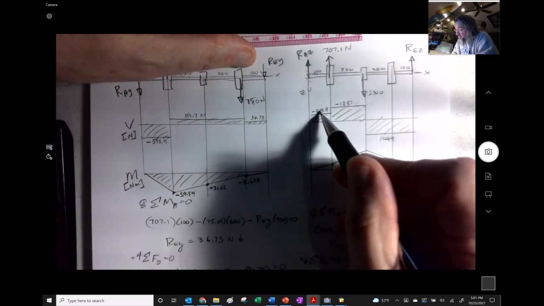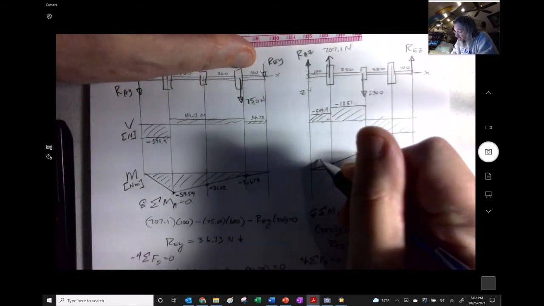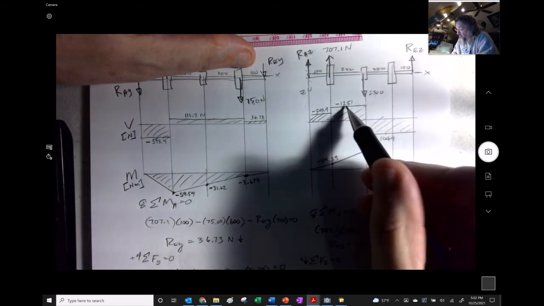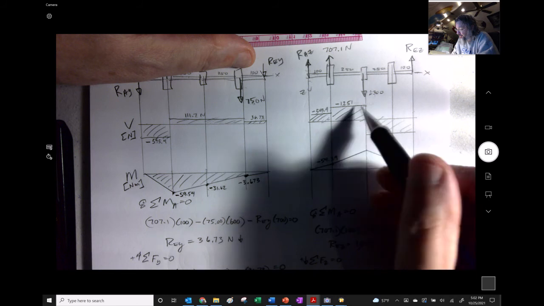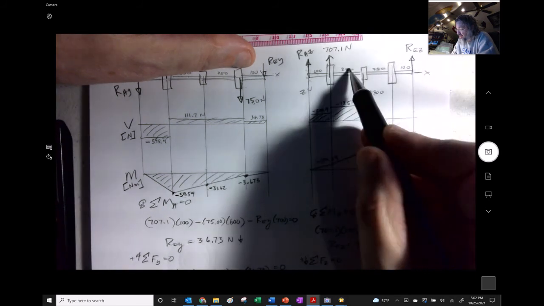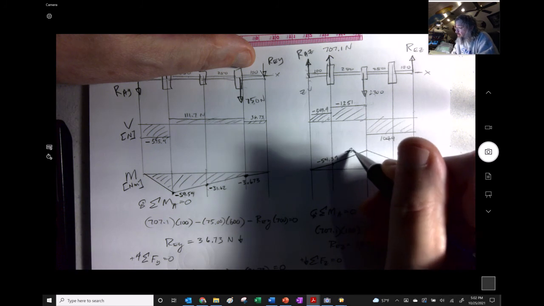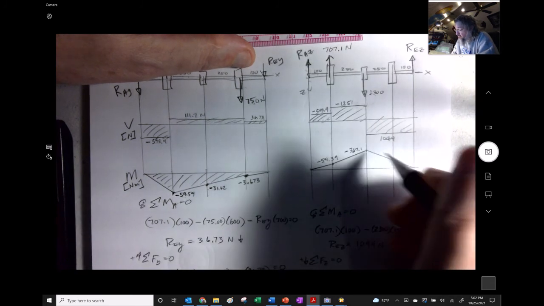So if we take this and multiply by our 0.1, we get a negative 54.39. And then if we put in the contribution of this times that and add it to that, we end up with negative 367.1.